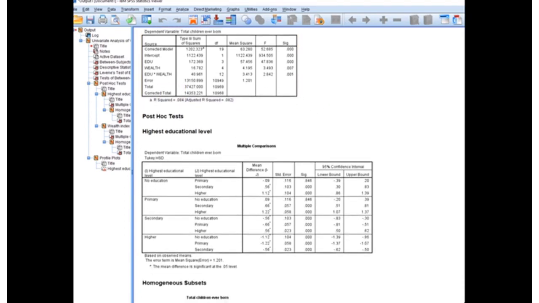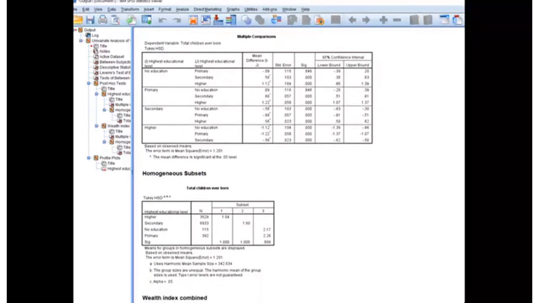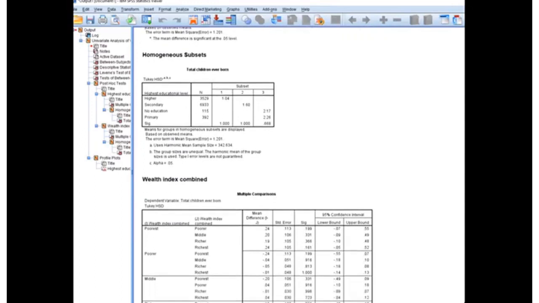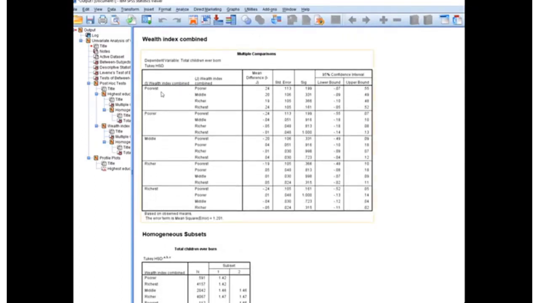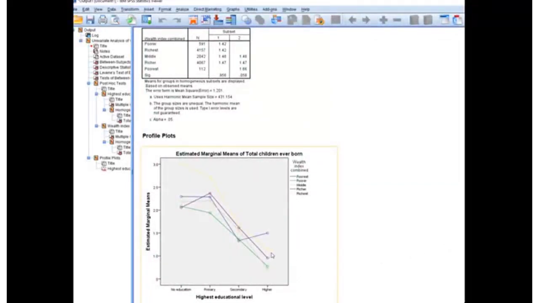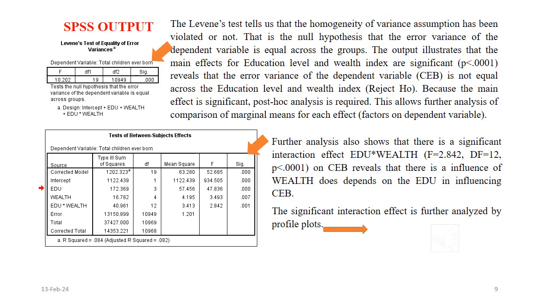Further, if you want, post hoc test results are given here, and homogeneous subsets are also given, and the wealth index combined with poor, what is the relation with the mean number of living children, it is given here, with the mean deviation. And the last one, which is important, is the profile plots, which has been given here. This we will discuss one by one. This is the SPSS output.